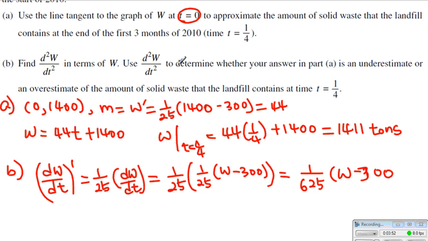Now use this to determine whether your answer in part A is an underestimate or overestimate. In order for us to do that, we have to use the concavity.